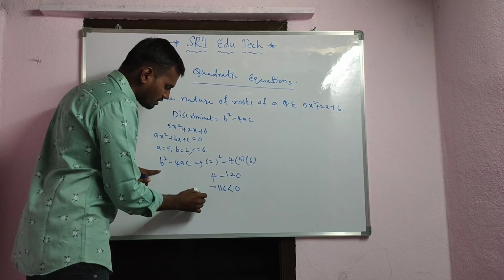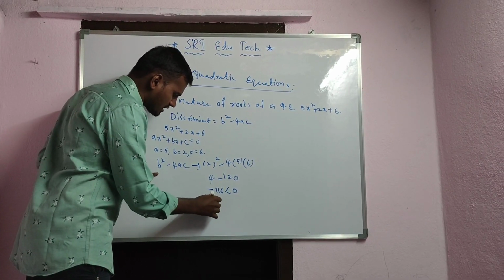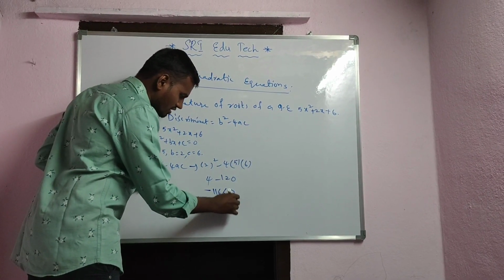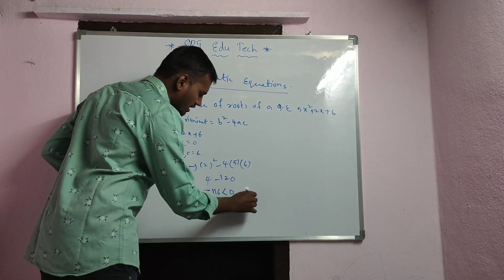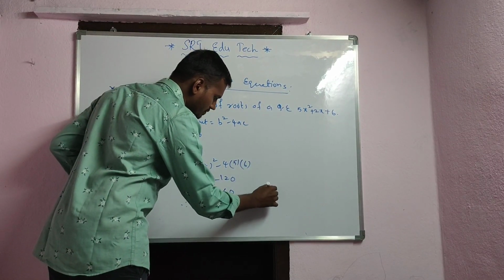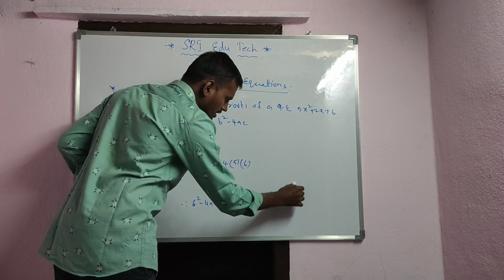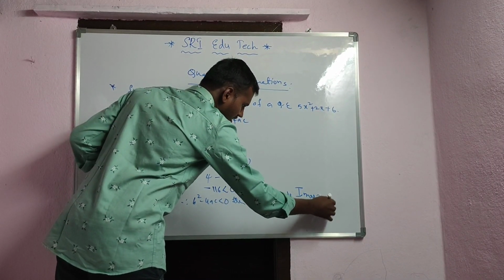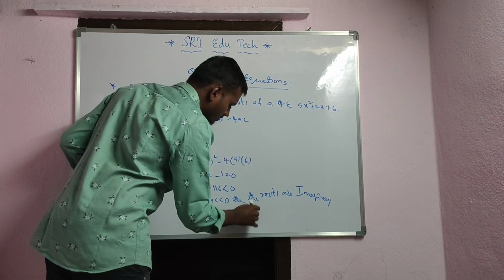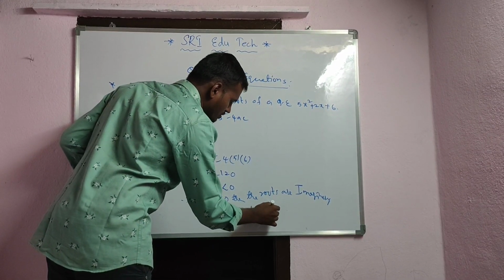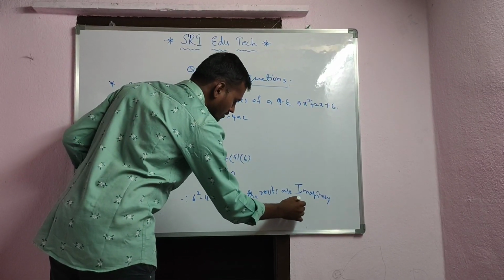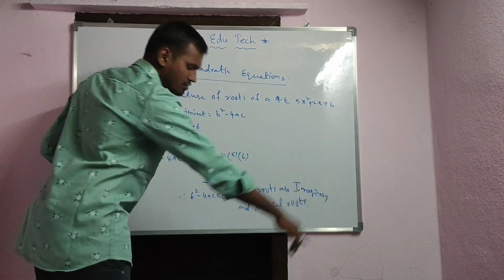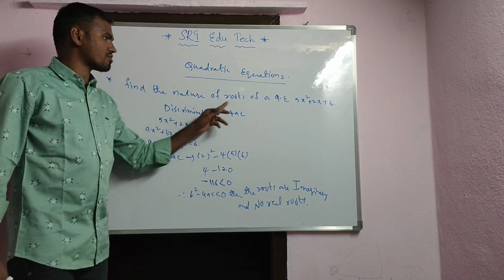Therefore b square minus 4ac is less than 0. Then the roots are imaginary. Imaginary and no real roots. This is the nature of roots.